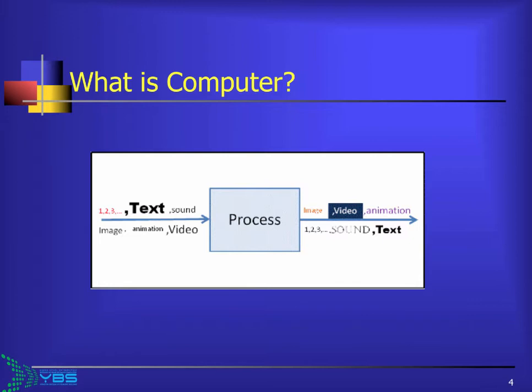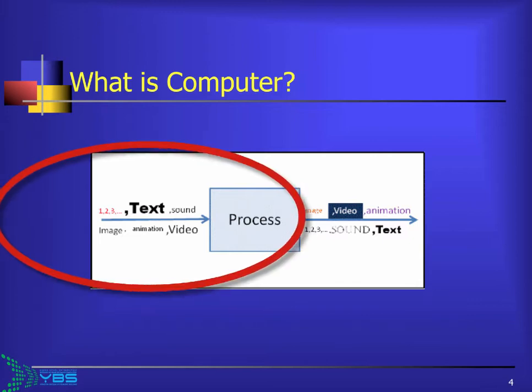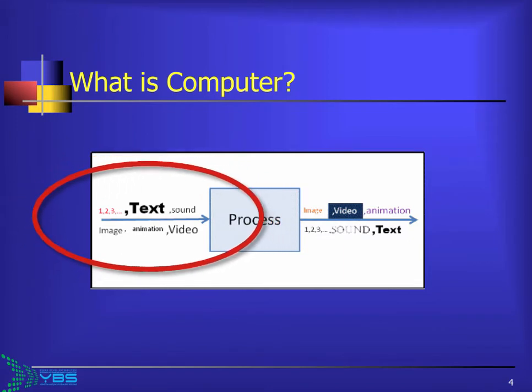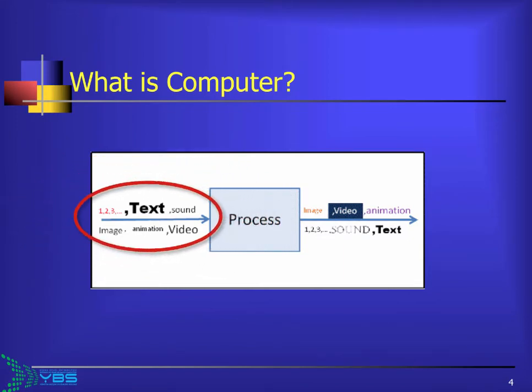As I said a few minutes ago, the computer is a device that takes input such as numbers, text, sound, image, animations, video, etc. and converts it, returning the changed input, which is processed input, as output.